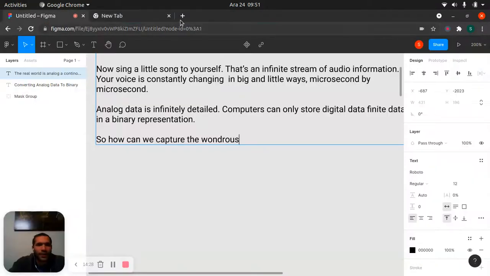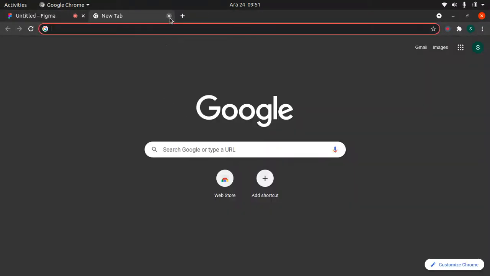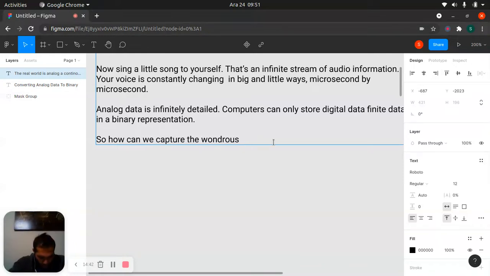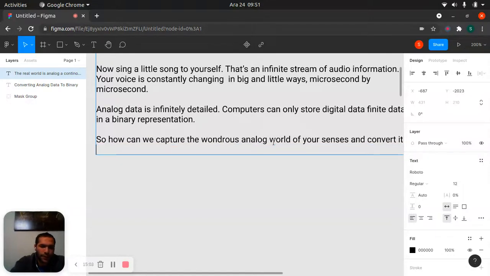Okay, I just check it because I want to be sure what it is. Wondrous analog world of your sense and convert it into digital data.